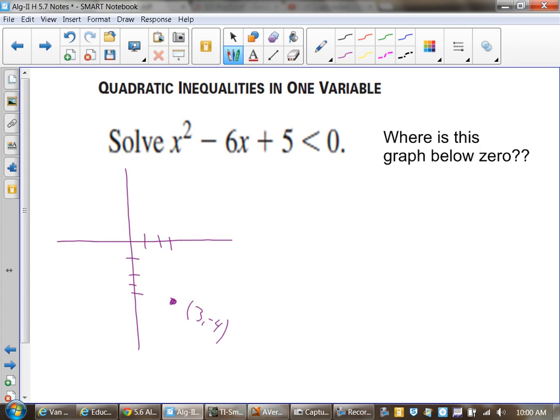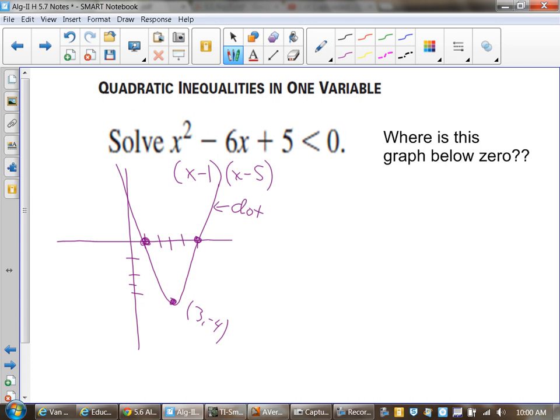So you have x minus 1, x minus 5. What are your zeros for that? 1 and 5. So I know I'm crossing the x-axis at 1 and 5. Do I have to factor all of these, or can I use my calculator? I can use my calculator. It's a dotted line now, because it's less than.